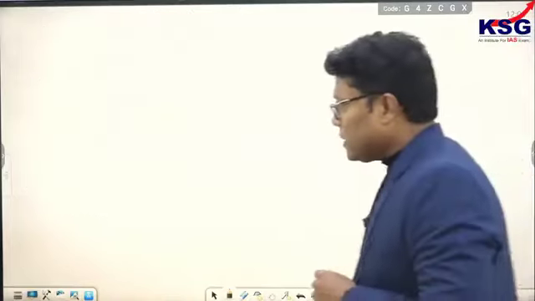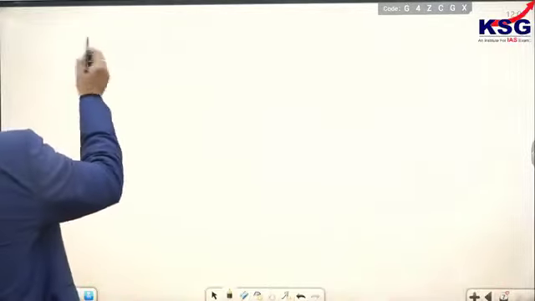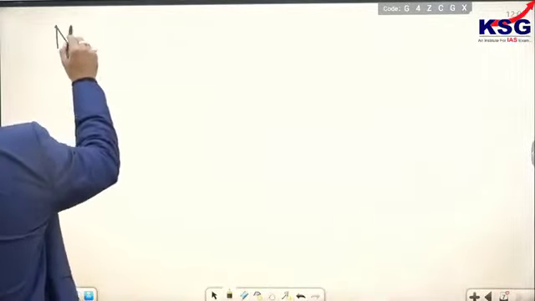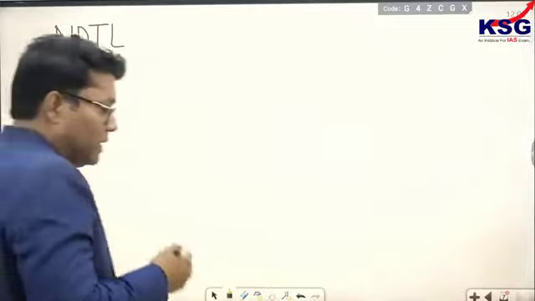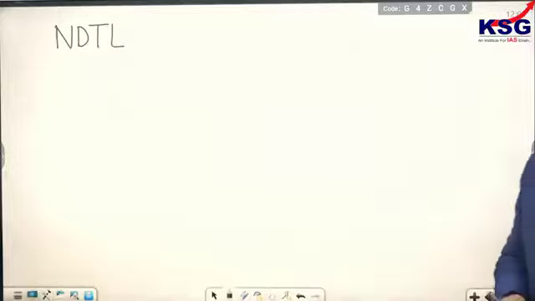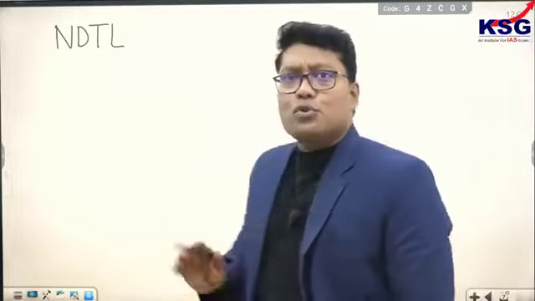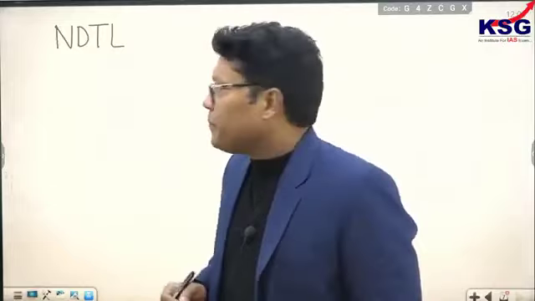So the next one after this, there is one concept we have to think about: NDTL. Why am I telling you? Because when we discuss the monetary system, we should know all the terms like NDTL and others.